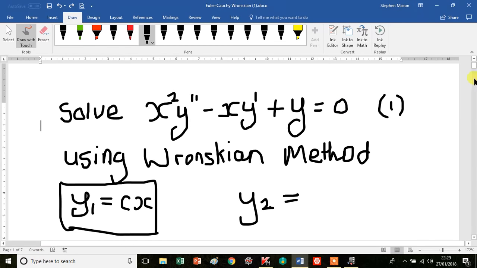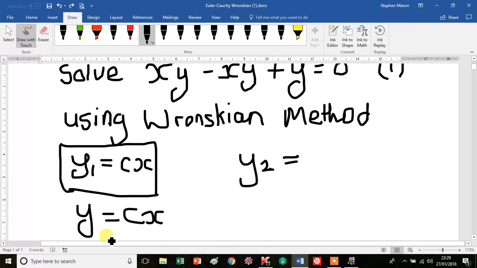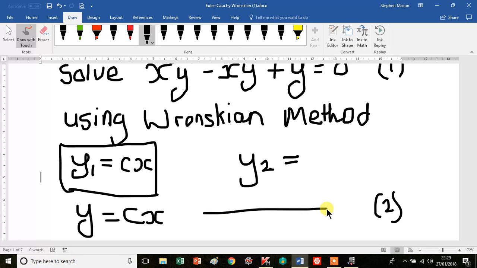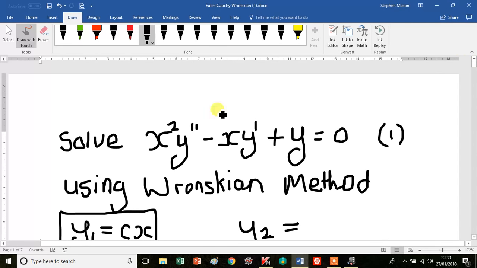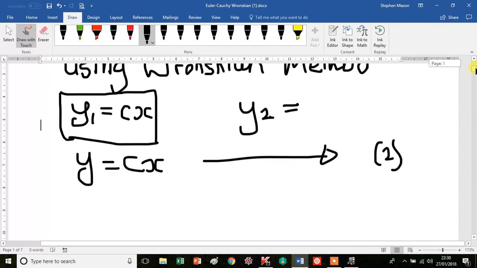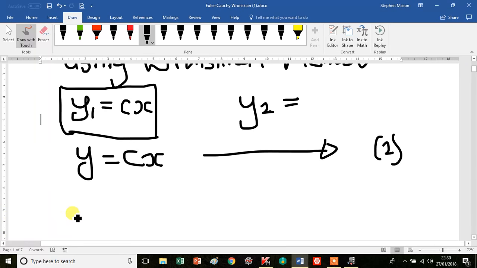So what we say is that if this solution, which I'm going to call equation 2, is a solution to equation 1, then it actually solves equation 1. It solves it exactly, and you get whatever is on the right-hand side.